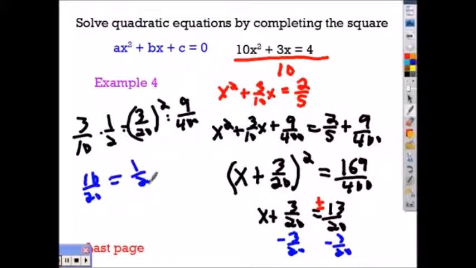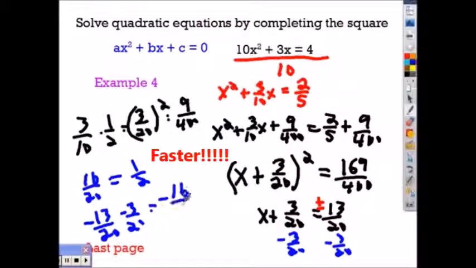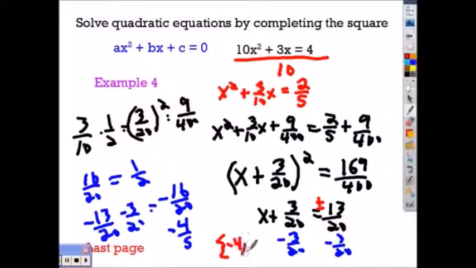And then negative 13/20 minus 3/20 equals negative 16/20, also known as negative 4/5. Therefore, my two solutions are negative 4/5 and 1/2. And that will be the end of this lesson.